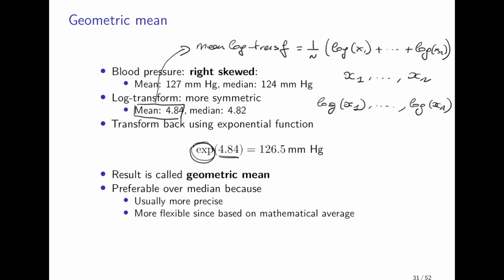If you do these 3 steps, log transforming, mean, and then exponential, then you get something that we call the geometric mean. So just to write down the formula, what is the geometric mean? It is the exponential of the mean, and we'll use the summation notation, of the logarithm transformed data.